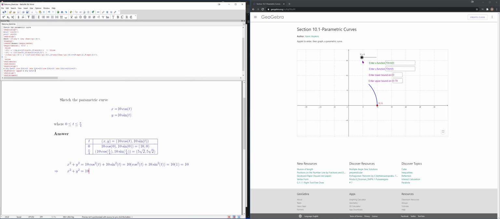Now I have the same setup over here, the same functions and same values. The x is equal to 10 cos t, the y is equal to 10 sine t, the lower bound is t equal to 0 and the upper bound is pi on 4. So this 0.79 is an approximation for pi on 4.